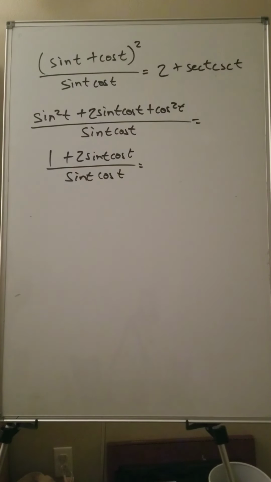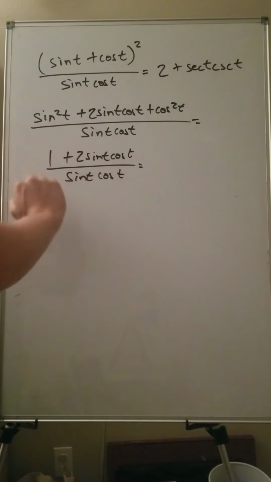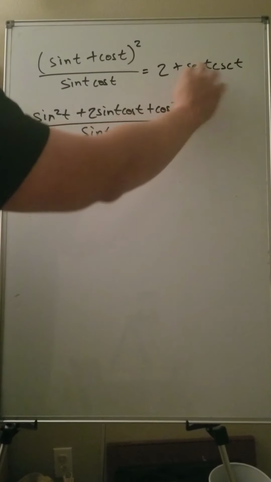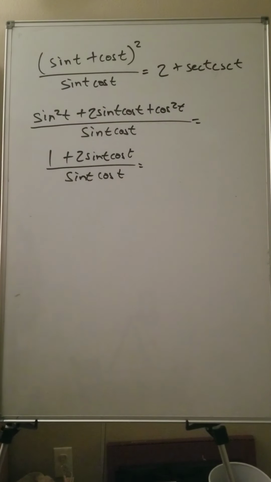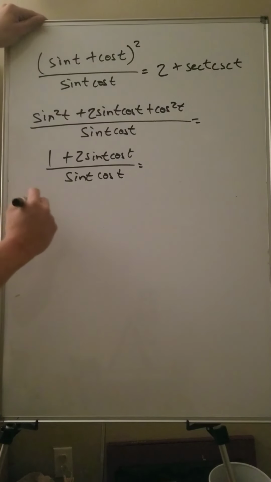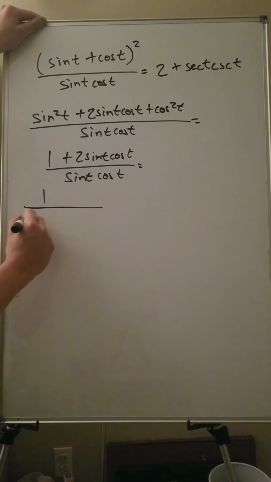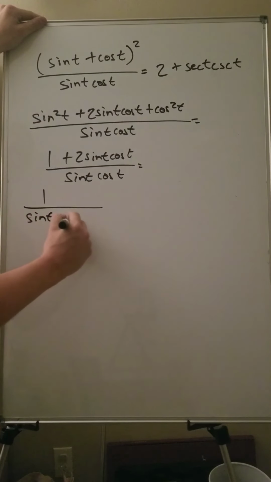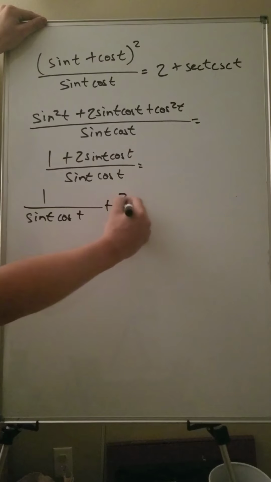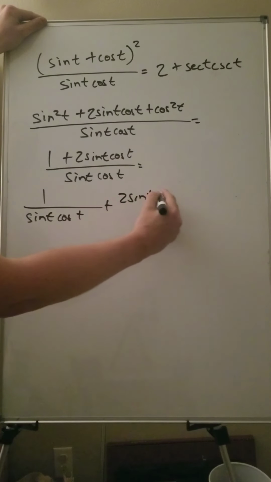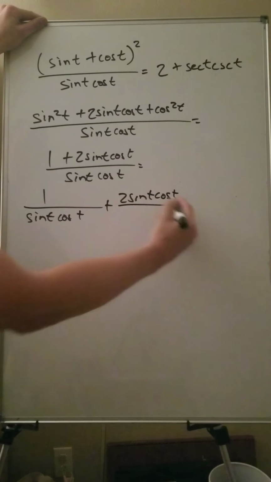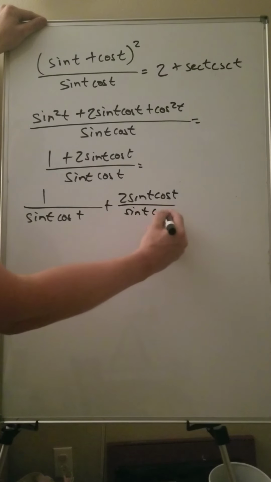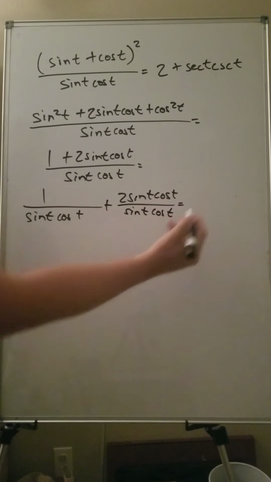and I did it in a couple problems yesterday, we have this one fraction. This is just one giant fraction here. What I really want is 2 terms here. I have this term and I have this term. And so much like we did on a couple problems in the last video, I can split this into 2 fractions. This is the same thing as 1 over sine of t cosine of t plus 2 sine of t cosine of t over sine of t cosine of t.